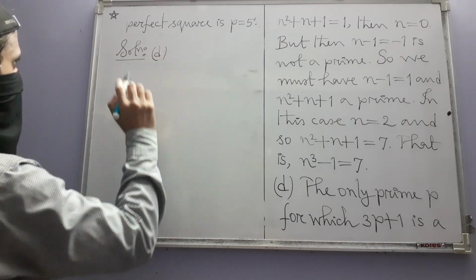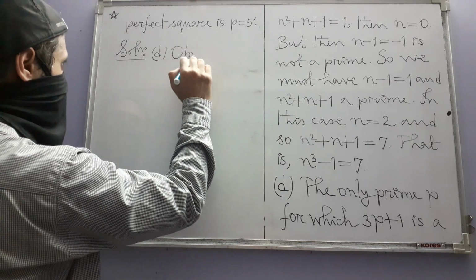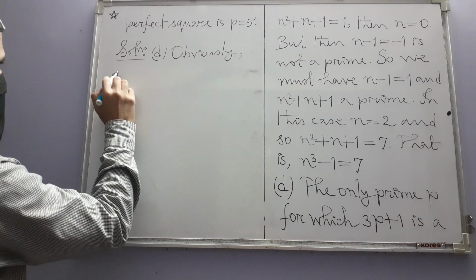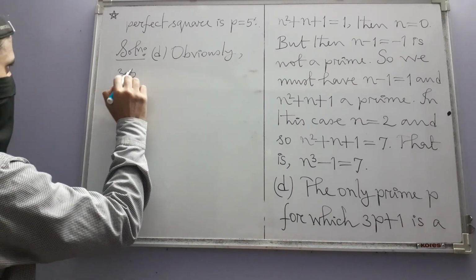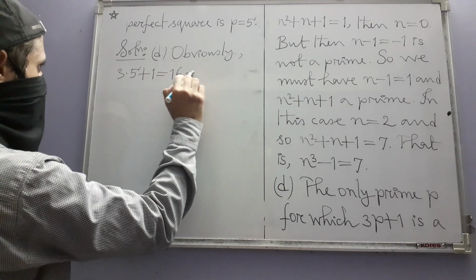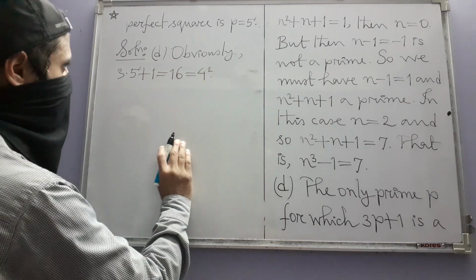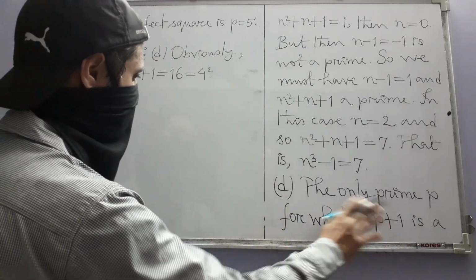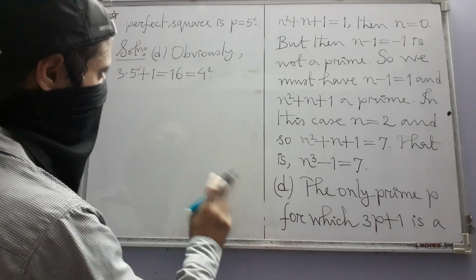Solution. Obviously, 3 times 5 plus 1 is 16, which is a perfect square. Now we have to show the converse, that is, if this is a perfect square, then p must be equal to 5.